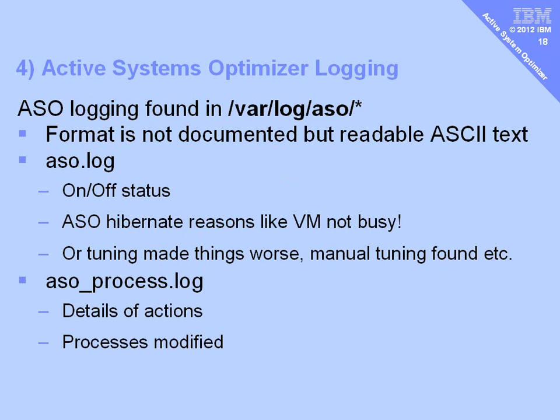There's two files in here. aso.log that has just some basic details of whether it's on, off, or hibernating, and then the detail stuff goes into aso_processes.log. Do be warned though that although it's completely readable ASCII text, and we'll have a look at some examples in a minute, it's not formally documented. So don't go asking questions for support about what these things actually mean in the log files.